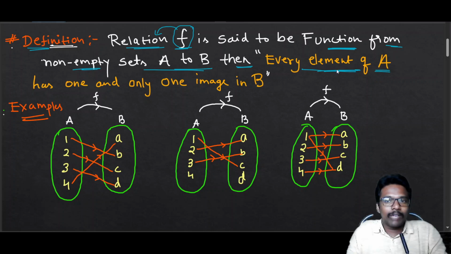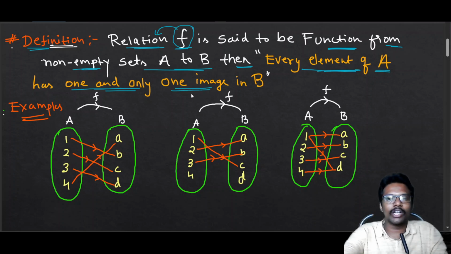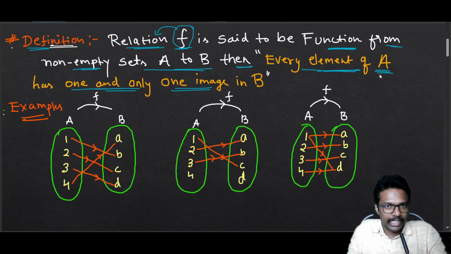Okay, every element of A means we have to consider each and every element of A has one and only one image in B. It means we have to consider each and every element from the set A. Each and every element we considered has one and only one image in B. Image means outcomes from the set A. Okay, so if all elements have one and only one outcome which meets B, then it is nothing but a function.